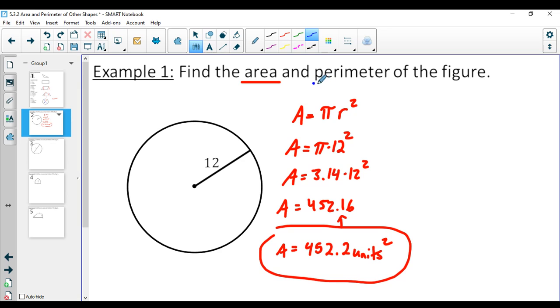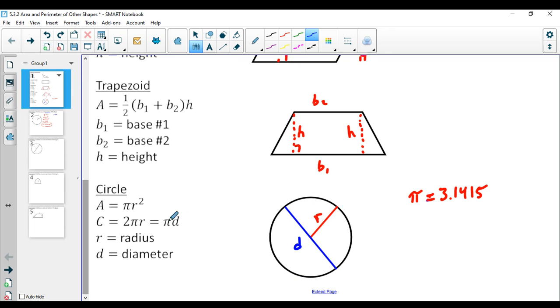Now, if we were to do the perimeter, that's the circumference, right? The circumference or the perimeter, if you want to write C or P, whatever works, was either pi times diameter or 2 times pi times r. And that's, again, just from this sheet here, 2 pi r or pi times diameter.